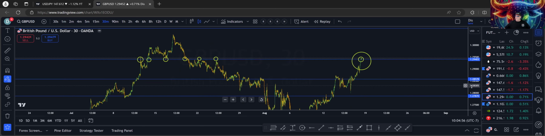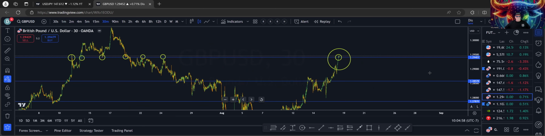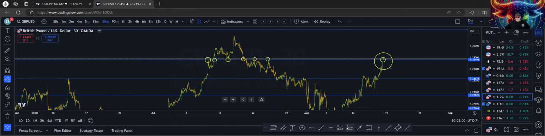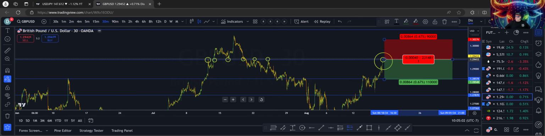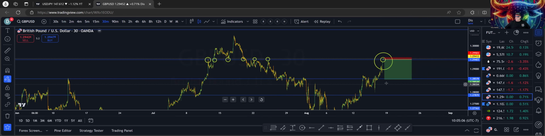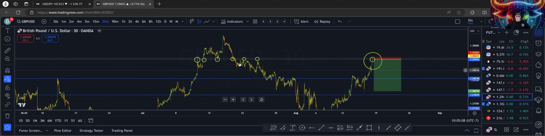What are traders going to do right here? You know how many people went short already? They went short. They saw the first bearish candle and they went short. Why? Look at all these touches. This line is respected. That's what they say. The line is respected.